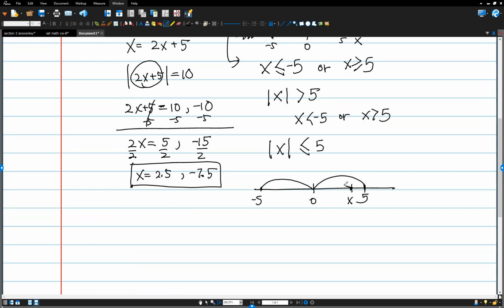X should be inside, right? That distance is less than 5. This distance from 0 to x should be less than 5. So the solution is always inside of these two endpoints. Less than means always between negative 5 and positive 5, while greater than is the outside.